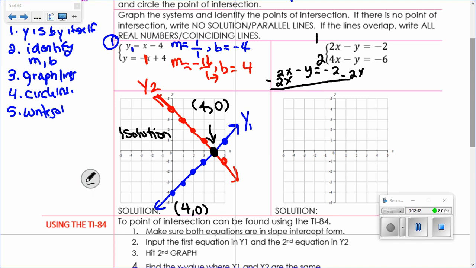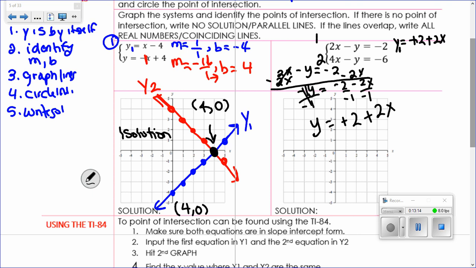I get -1y equals -2 minus 2x. Divide all terms by -1, and y equals 2 plus 2x. So I rewrite this equation: y equals 2 plus 2x.